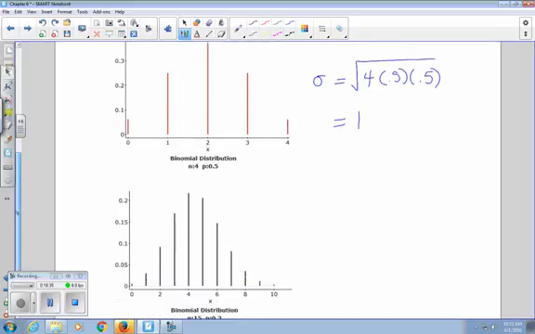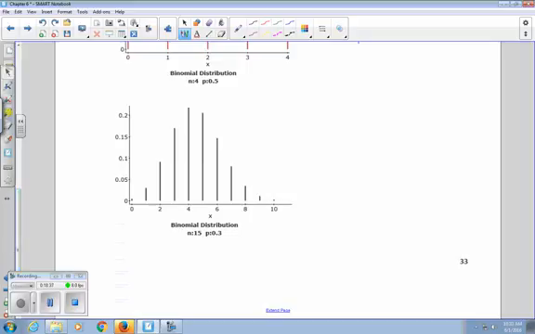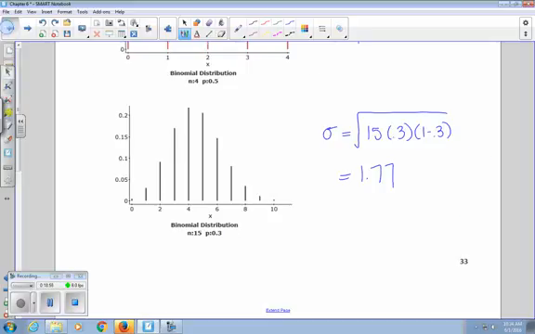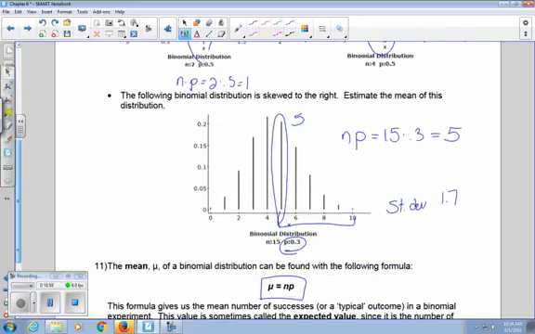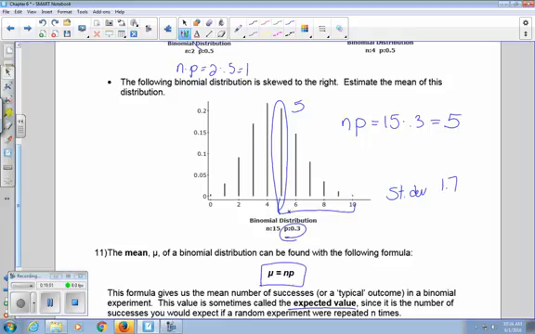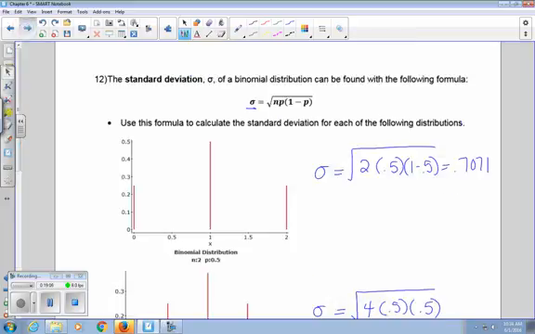And finally, let's check out the standard deviation of the last one, which is sigma equal to the square root of n times p times 1 minus p, which is equal to 1.77. And that's a pretty good comparison to what I would have estimated over here using just what we know about our information being within 3 standard deviations.